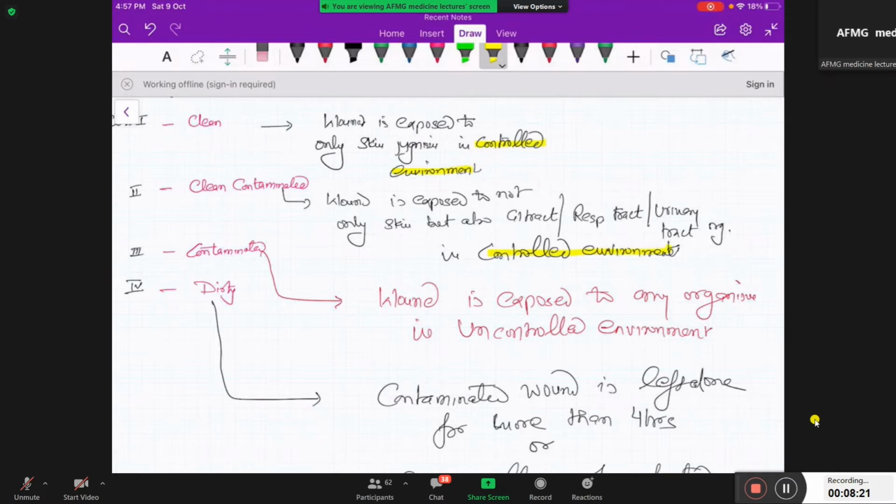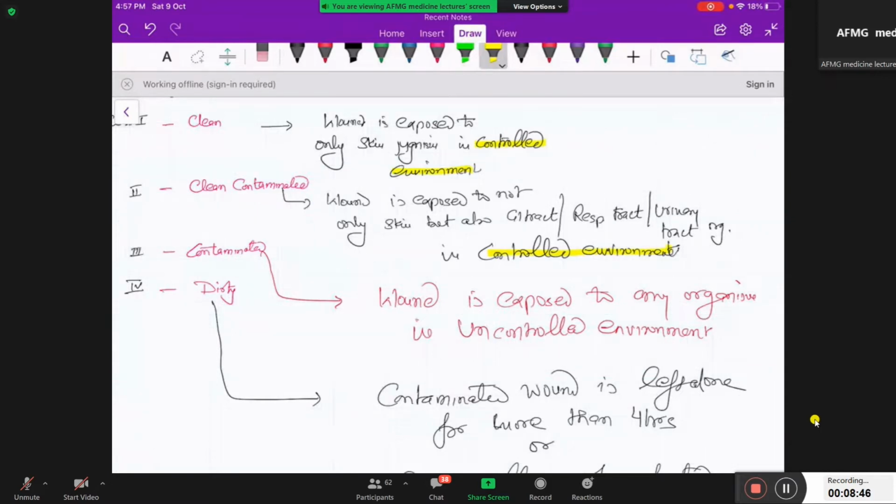Outside environment: where are you going to operate a sebaceous cyst? You are not going to operate on the road. You will operate in the minor operating room, and the minor operating room we keep sterilized. So outside environment is controlled.